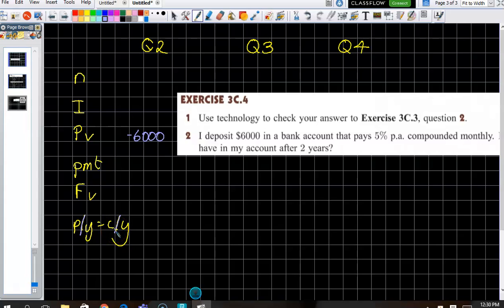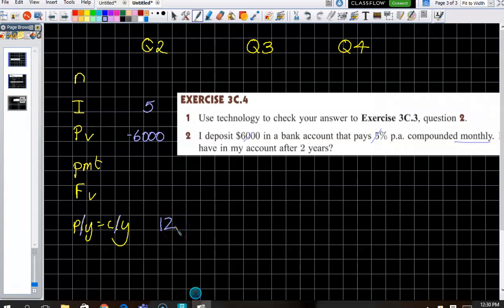That's fine. Okay, done. In a bank account that pays 5%. So remember, no working here. You just stick the 5 there. Easy. Dealt with. All right, here comes the compounding monthly. What does the monthly do? 2 things. It's going to be down here with the PY and CY.